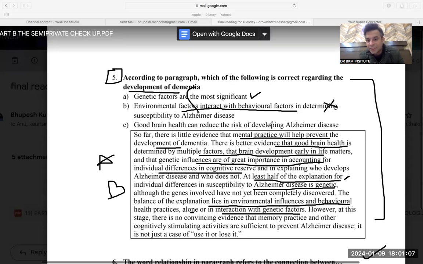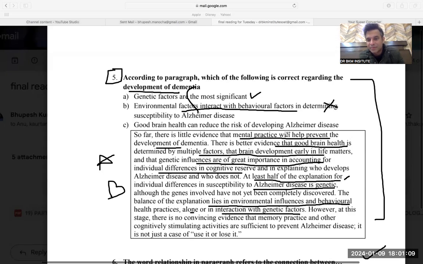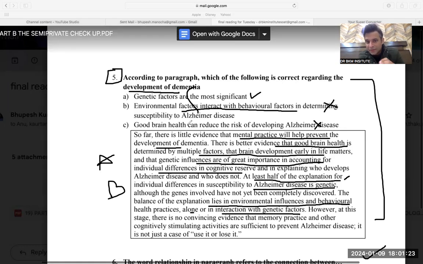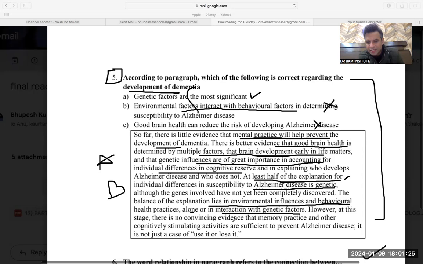Good brain health can reduce the risk of developing. They said mental practice will not help, and good brain health also will not prevent the risk of Alzheimer's disease. Anyhow, the question was about dementia, so let it be. Otherwise, they were saying in the last part also that there is no convincing evidence that memory practice will decrease Alzheimer's disease.